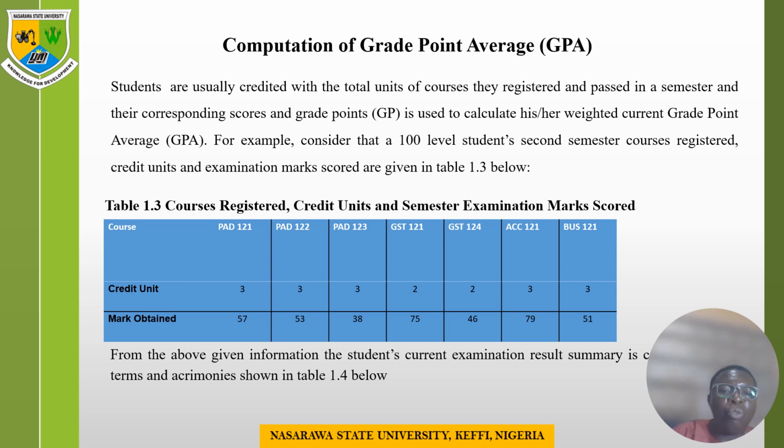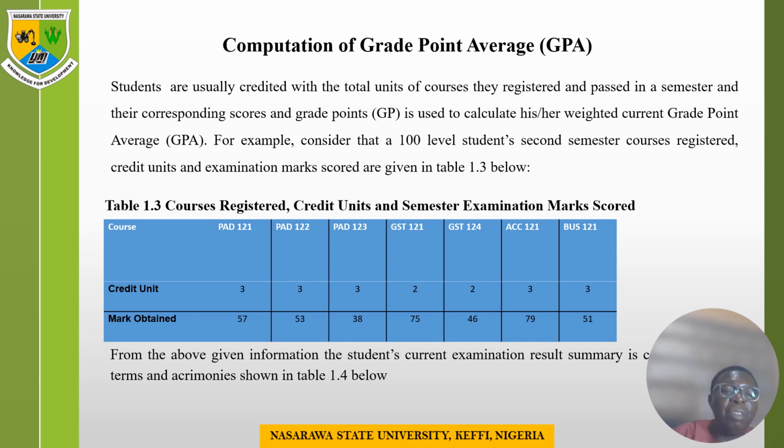PAD121, PAD122, PAD123, GST121, GST124, ACC121, BOS121. So the credit unit for each course: PAD121 is 3, PAD122 is 3, PAD123 is 3, GST121 is 2, GST124 is 2, ACC121 is 3, BOS121 is 3.